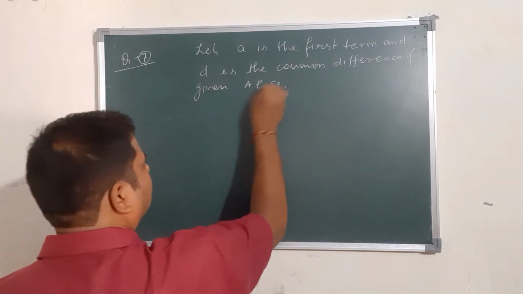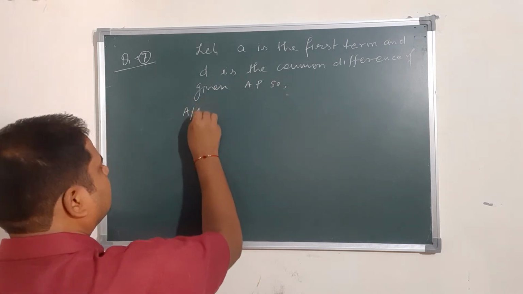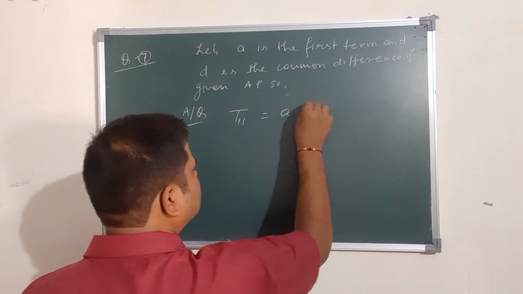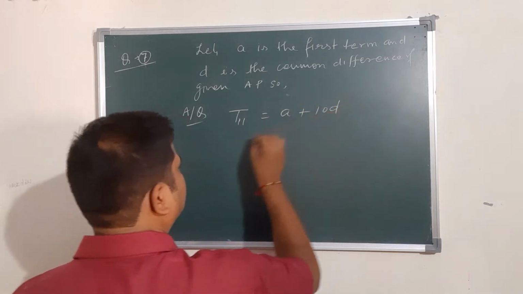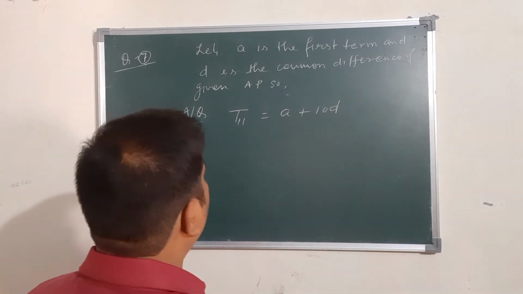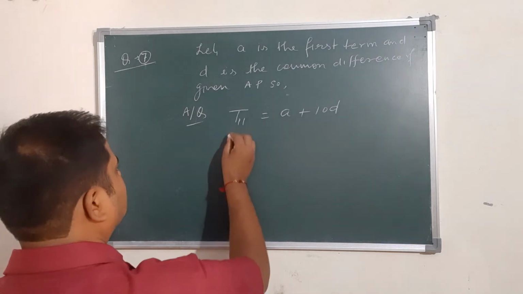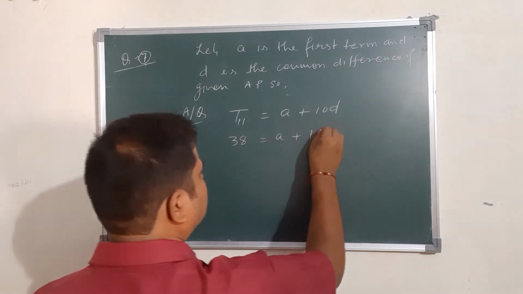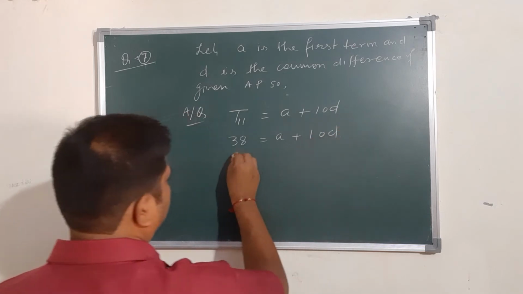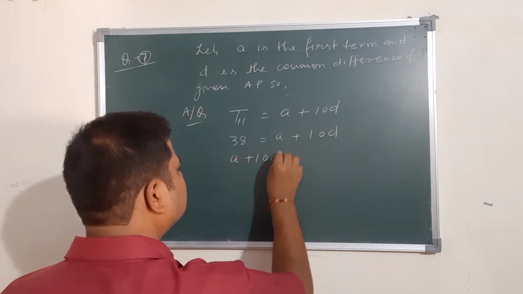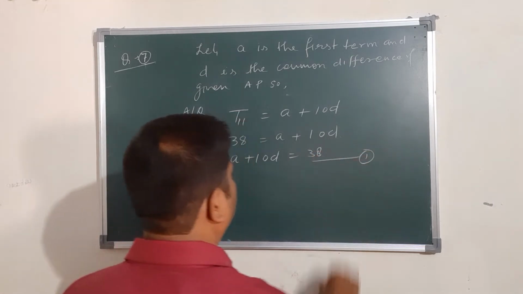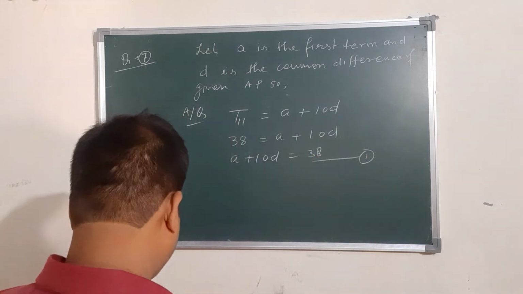So according to the question, T11 is equal to A plus 10D. So T11 is what? 38. A plus 10D. So A plus 10D is equal to 38. This is equation number 1.